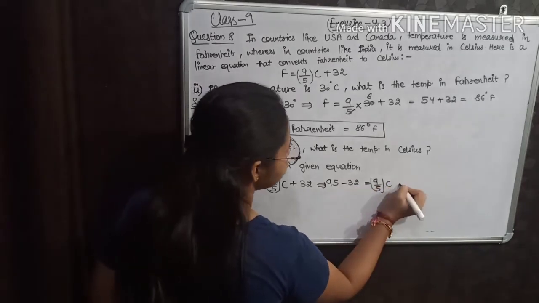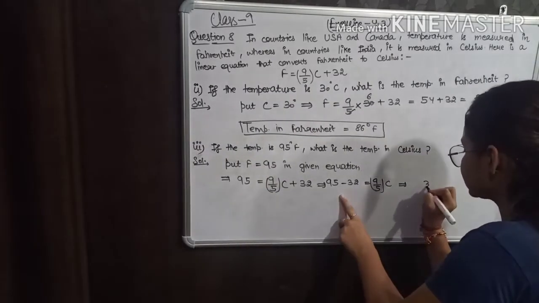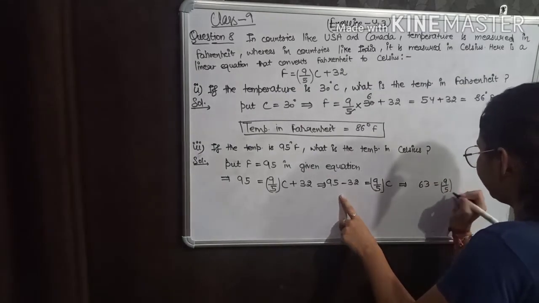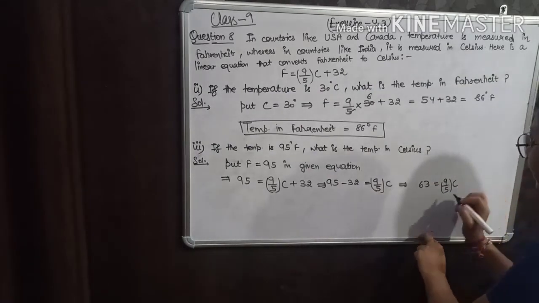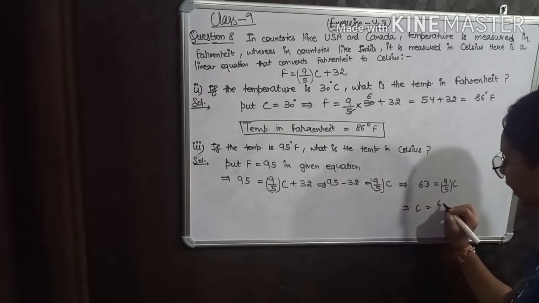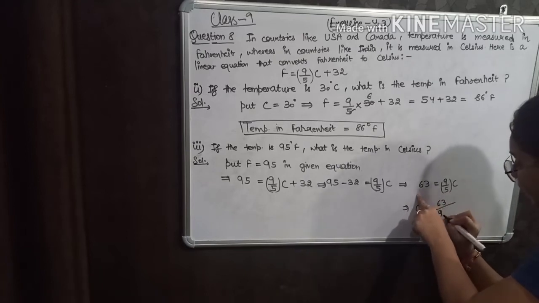And finally, 95 minus 32 will give you 63. So 63 is equal to 9 by 5 C. Now you can find the value of C from here, as C is equal to 63 and this 9 by 5 will go to that side in division.